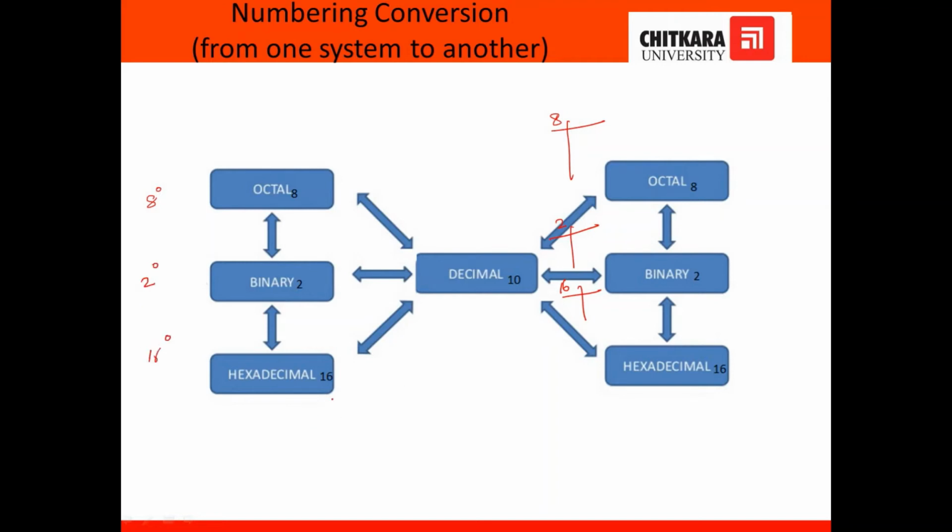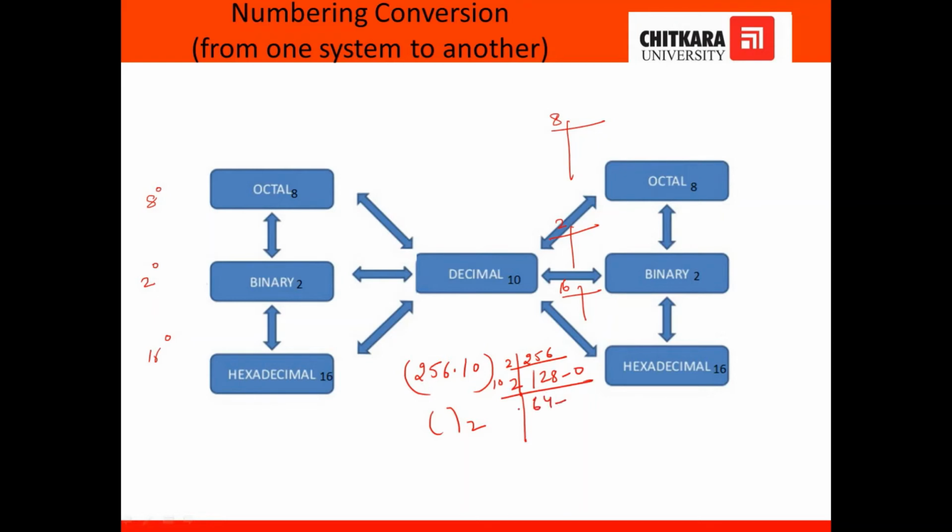So let's take an example. Suppose I have the value 256 in decimal that I have to convert to binary. At that time I divide 256 by the base of 2, because I have to convert it into binary form. So divide it, I get 128, the remainder is 0.